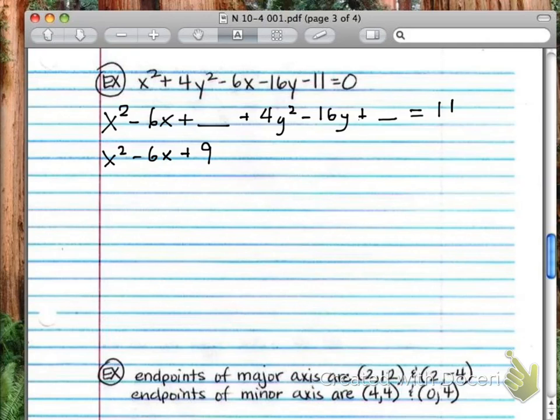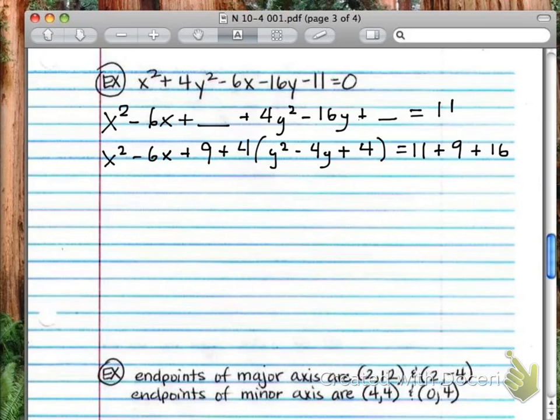What do I have to do on the other one before I can do completing the square? Factor out the 4, right? So I have 4 out here, and then y squared minus 4y plus 4, because negative 4 divided by 2 is negative 2. 2 squared is 4, equals 11 plus 9 plus 16.